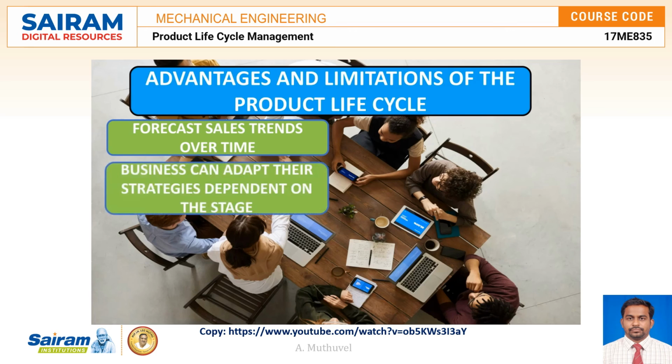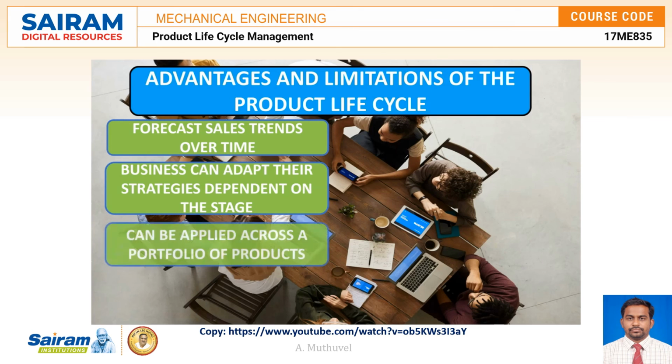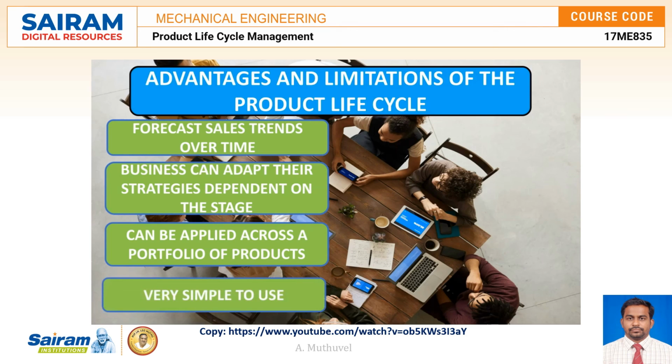During a product's life, it allows the business to assess which stage the product is in, which helps the business to adapt their strategy to increase sales and, importantly, to minimise the likelihood of it entering the decline stage. It also allows a business to view its whole product portfolio across the product lifecycle to assess where their next investment is best spent. And it is a very simple tool for a business to use. With the more data a business has, the more accurate it becomes.